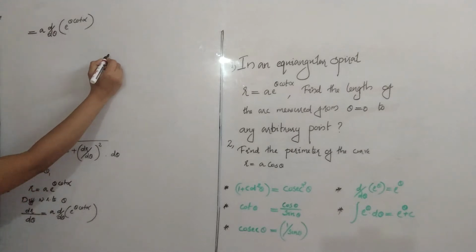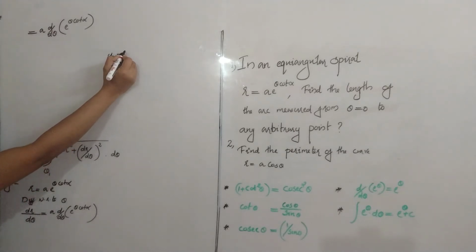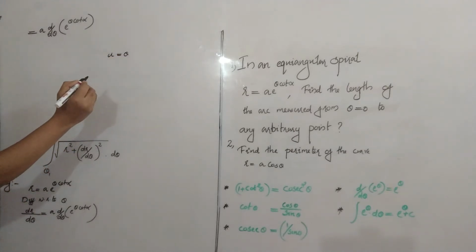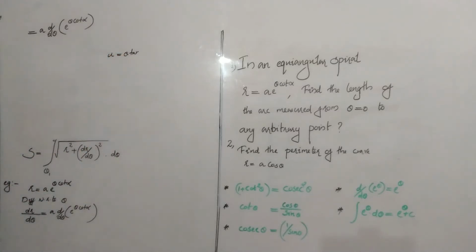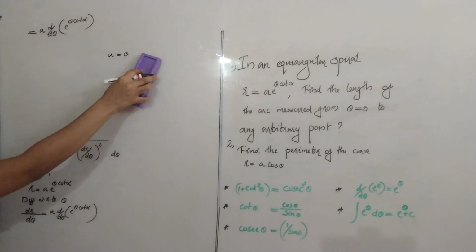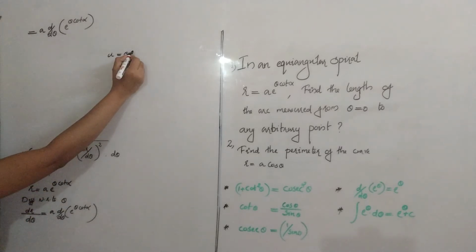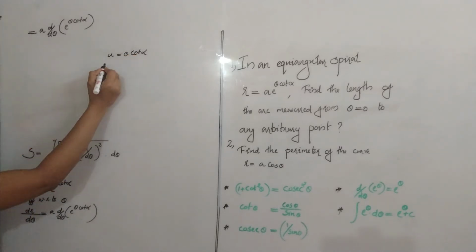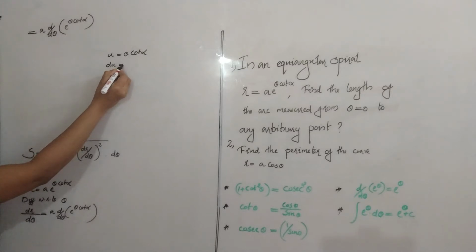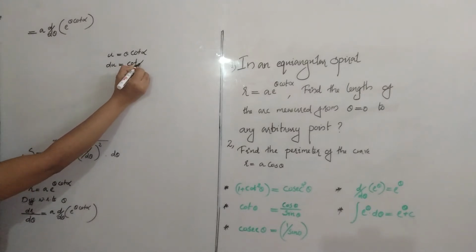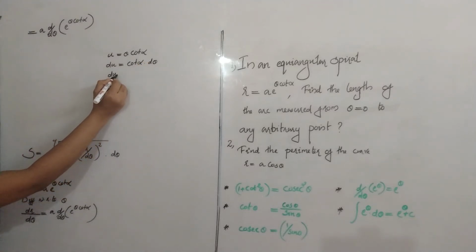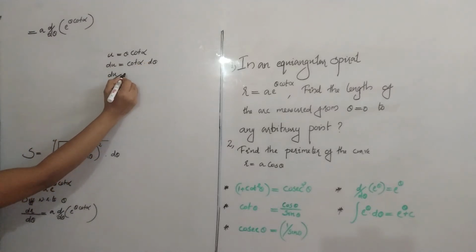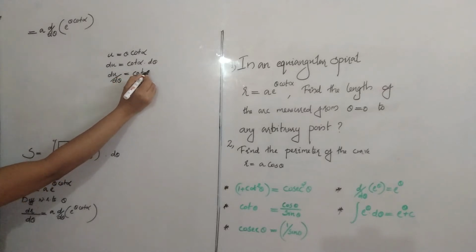So put some variable u is equal to theta cot alpha, then du is equal to cot alpha into d theta, or du divided by d theta is equal to cot alpha.